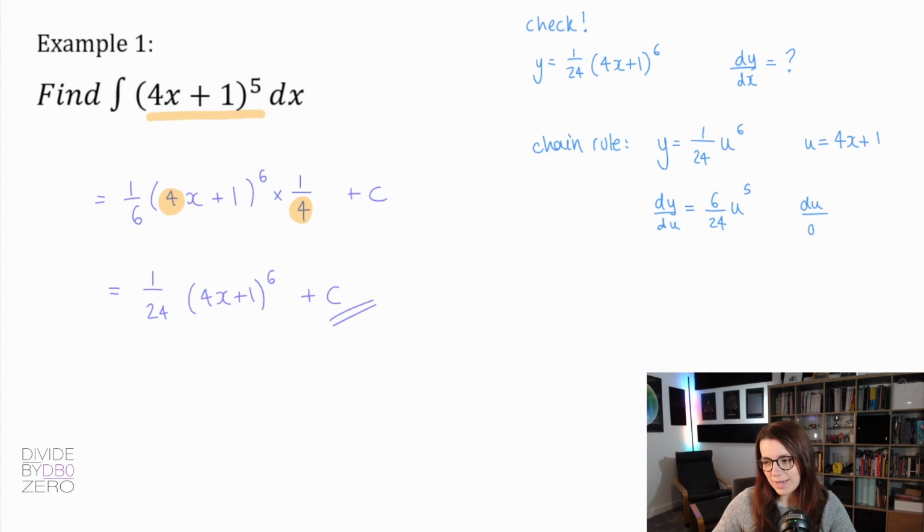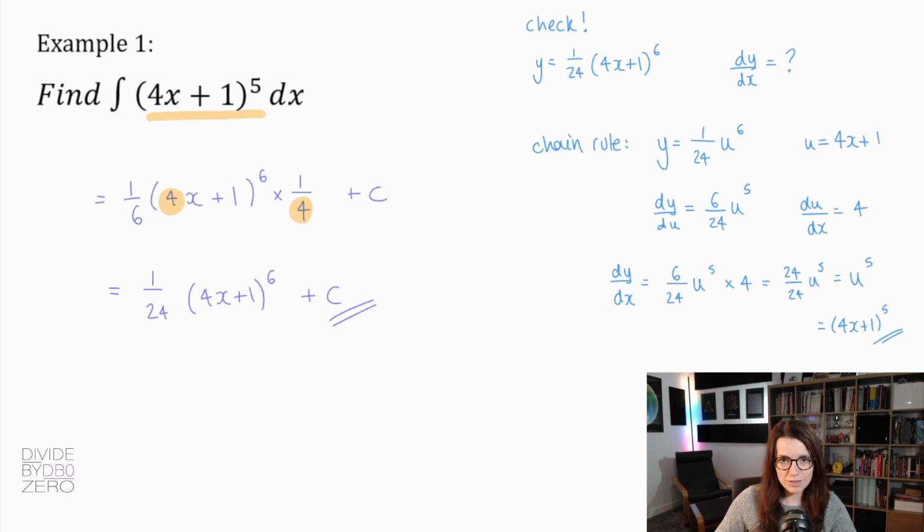And then du/dx is just 4. Chain rule then says we multiply those two together to get dy/dx. So it'll be 6 over 24 u to the power of 5 times 4, which is 24 over 24 u to the power of 5, or just u to the power of 5. We know that u is 4x + 1, so that shows that we arrive back at the original expression.